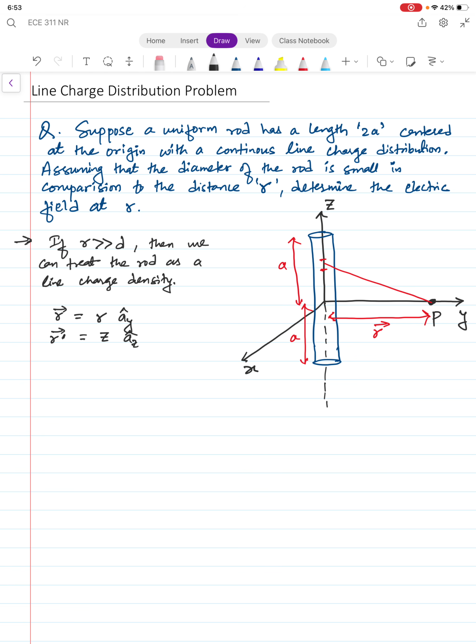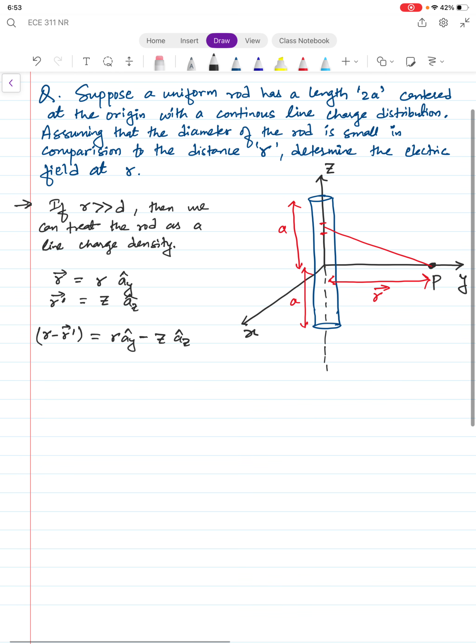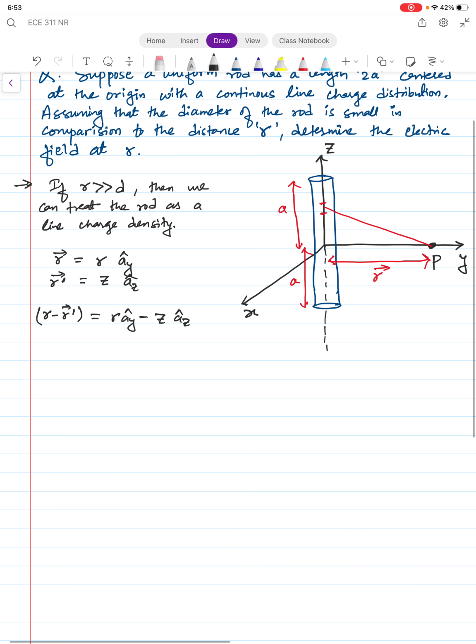Okay, now r minus r prime will be r a_y minus y a_y, so that our r minus r prime magnitude is root over r square plus y square.